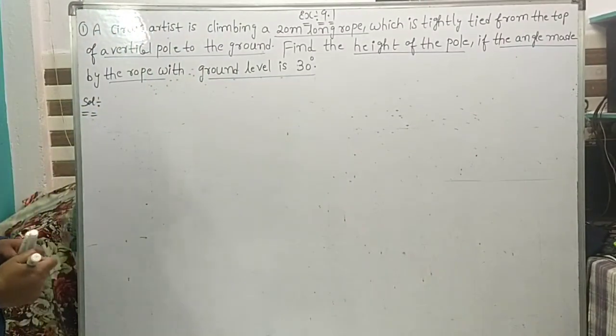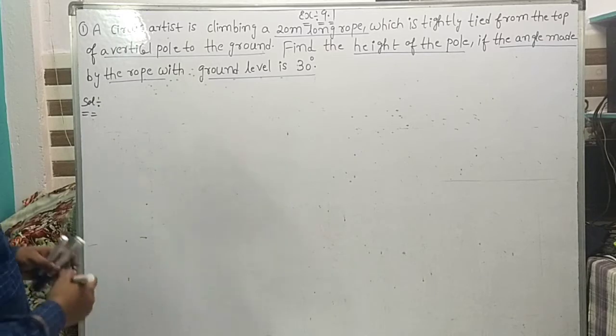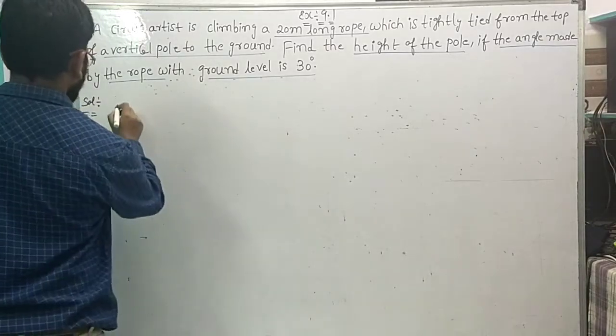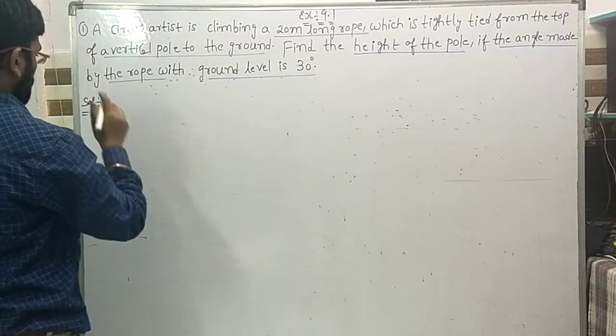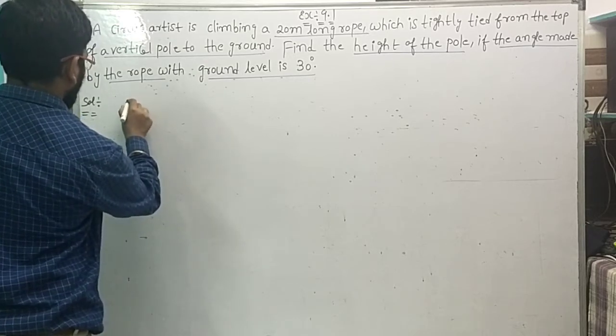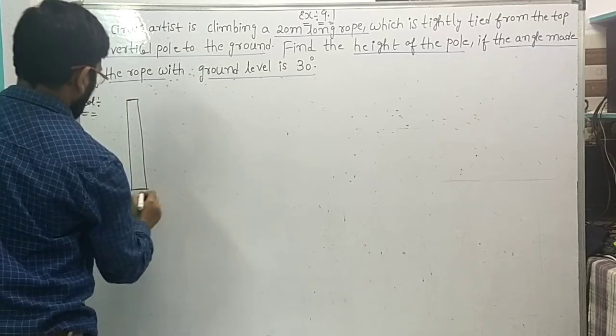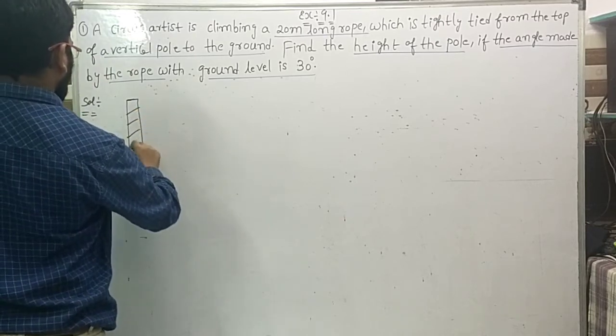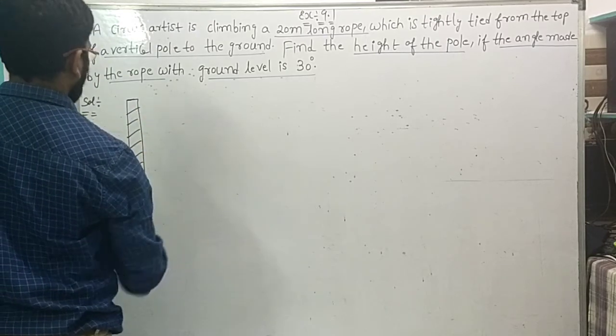Okay. The circus artist is climbing a 20 meters long rope which is tightly stretched from the top of a vertical pole to the ground. So suppose I am drawing this diagram. This is a pole.